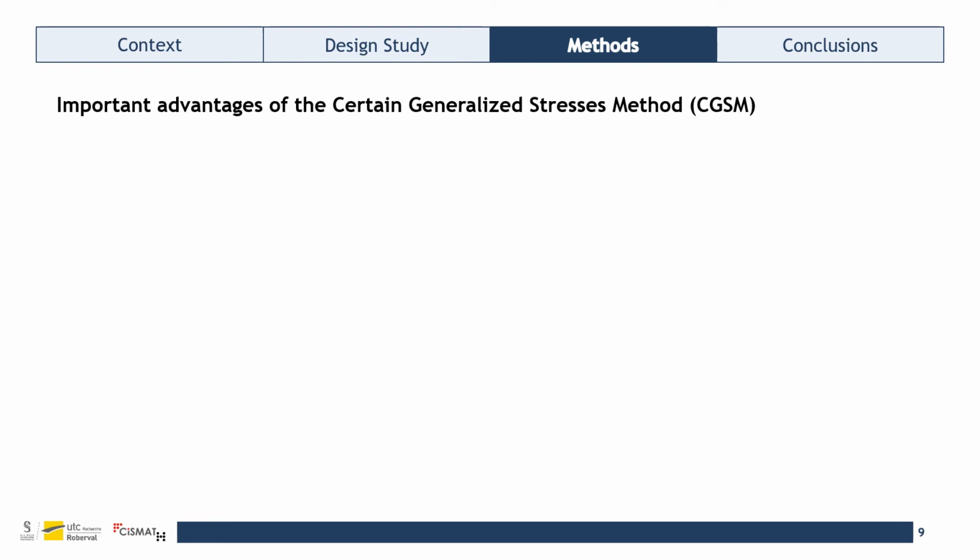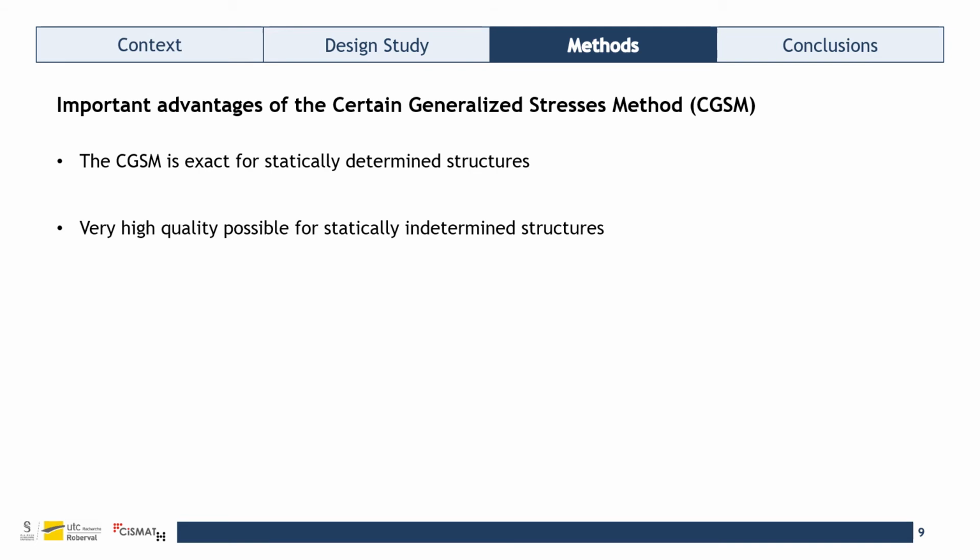Let's summarize some important advantages of the CGSM. Based on the CGSM assumption, the method is exact for statically determined structures, but it can also have a very high quality when a statically indeterminate structure is studied, as it was the case in the presented design study.